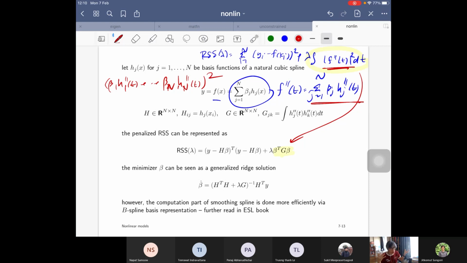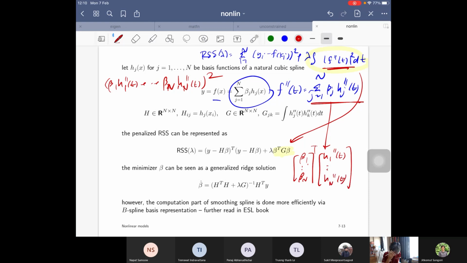Of course, we try to use vector notation so that the analysis is easy to follow. So this is going to be the vector beta transpose with the vector of h double prime.